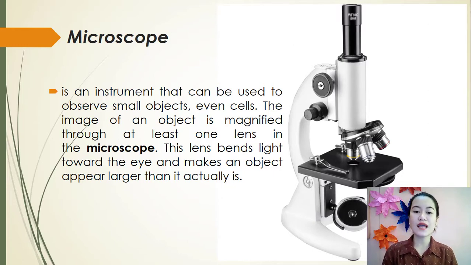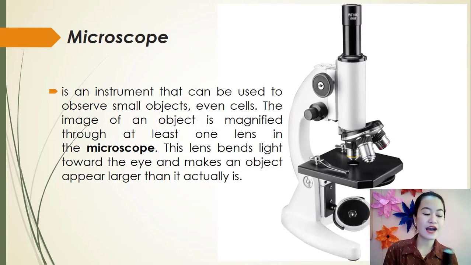As you can see in the picture, it is an example of a compound microscope. I have here also another example of a compound microscope. Later we are going to discuss the parts of the microscope.